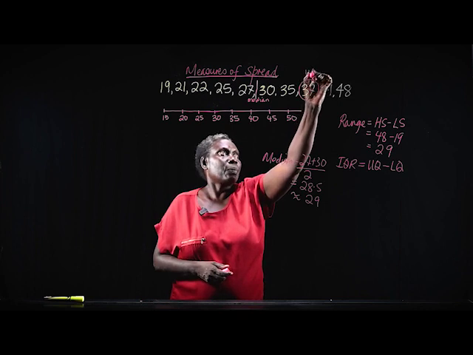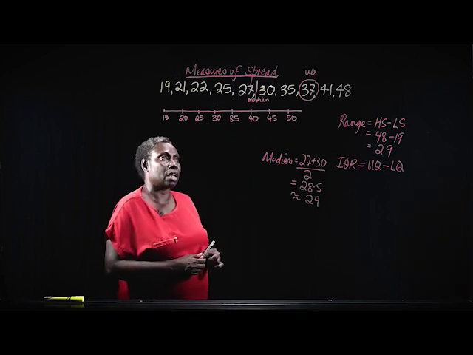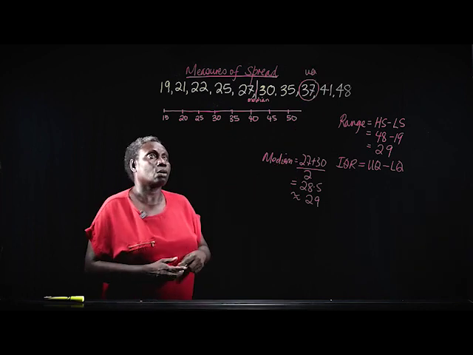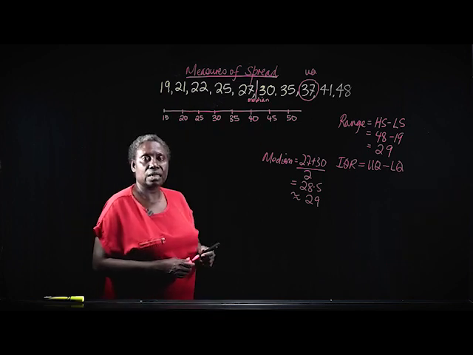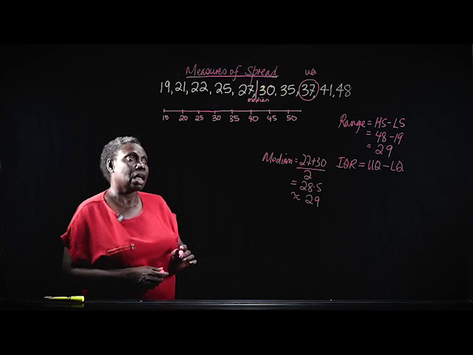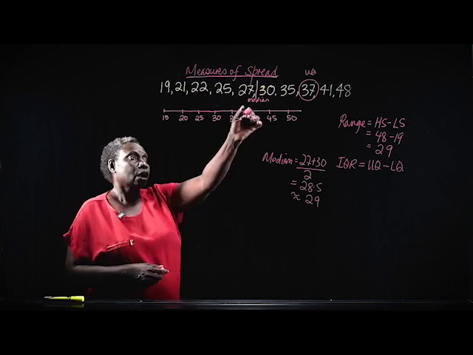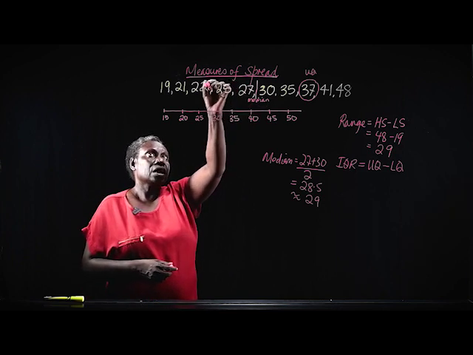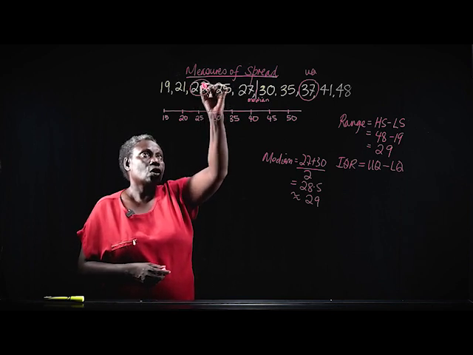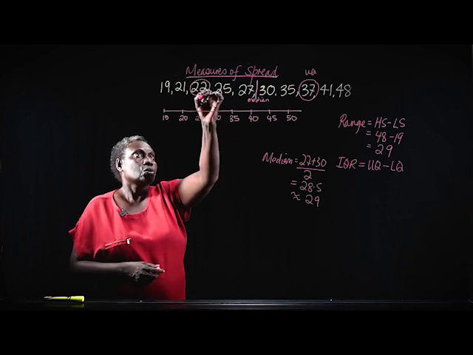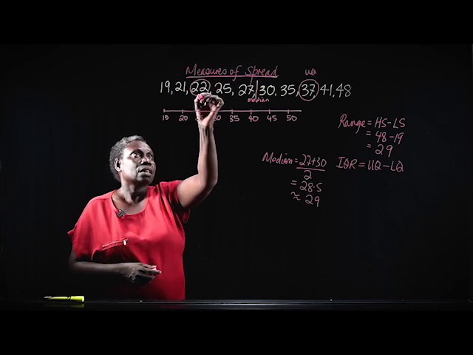The lower quartile is the median of the set of scores below the original median. In this case, our median for the lower set of scores is 22. So we call it the lower quartile.